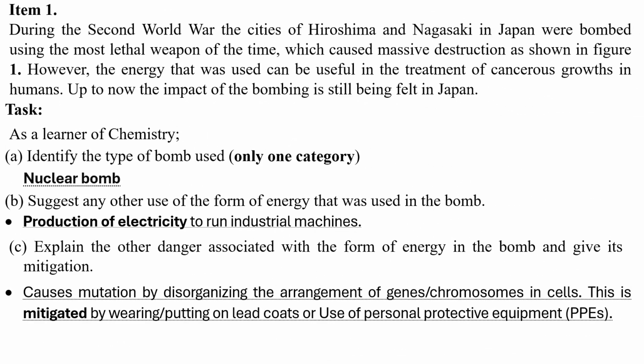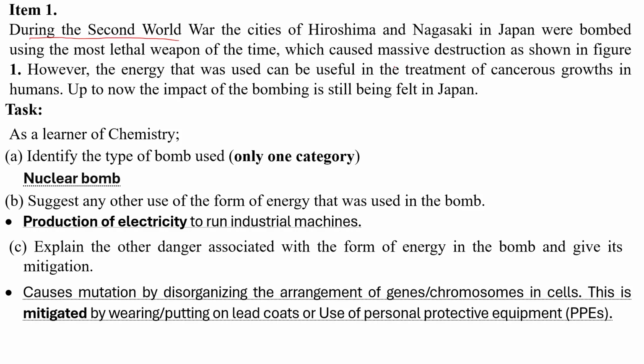Let's dive into one item here, the first item, to look at how we approach these items. During the Second World War, the cities of Hiroshima and Nagasaki in Japan were bombed using the most lethal weapon. Of course, it was an atomic bomb or nuclear bomb, which caused massive destruction as shown in the figure.